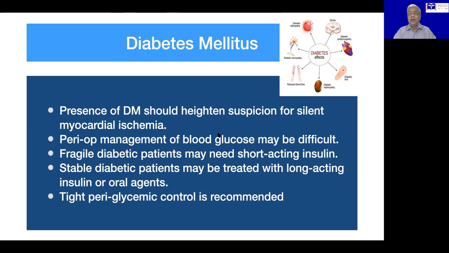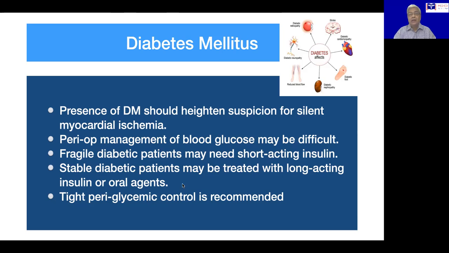Another thing to remember is that in patients with diabetes mellitus, it may be difficult to manage the blood glucose level in the perioperative period, especially in case the patient is a fragile diabetic, that is on short-acting insulin already. Stable diabetic patients may be treated with long-acting insulin or oral agent, but remember, we should maintain a tight perioperative glycemic control of the patient intraoperatively.